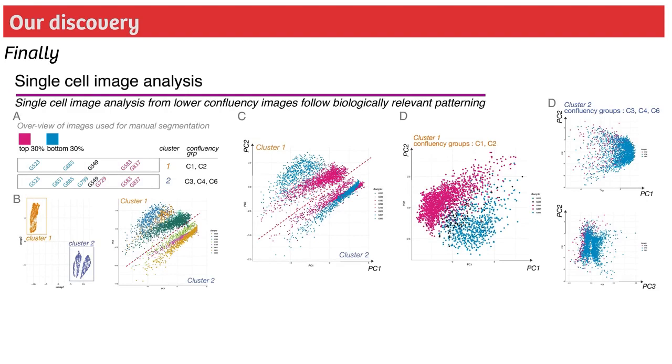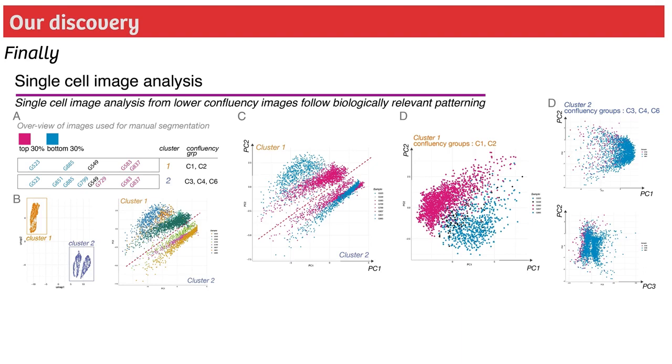What I found was that when you randomly choose these images and segment single cells from them, they don't separate by a biological spectrum, but they do when you look at the lower confluency images.